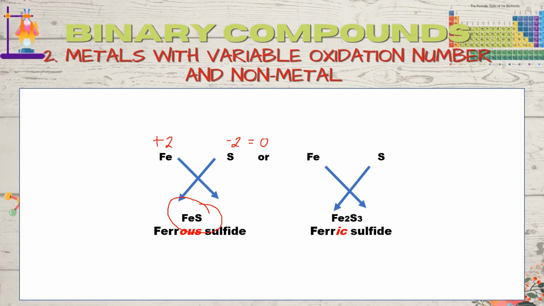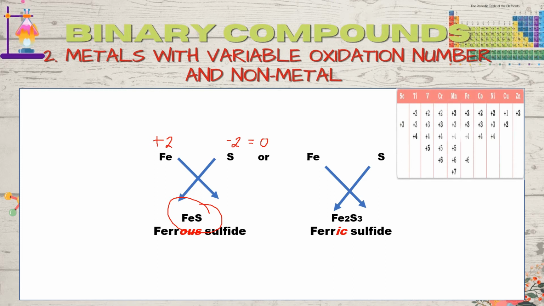So, in naming a metal with variable oxidation number, you have to check on the oxidation number. So, sa Fe, dalawa yung possible na ginamit. So, it's either positive 2 or positive 3. Now, how come that you are going to use Fer?